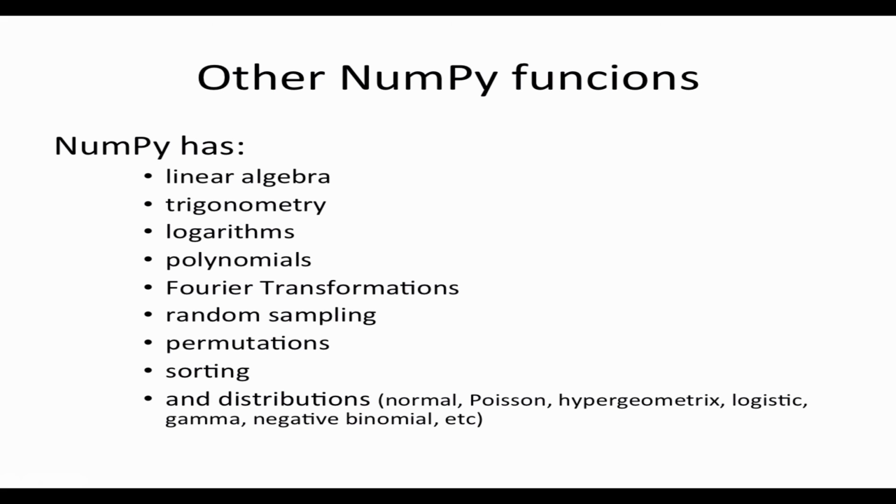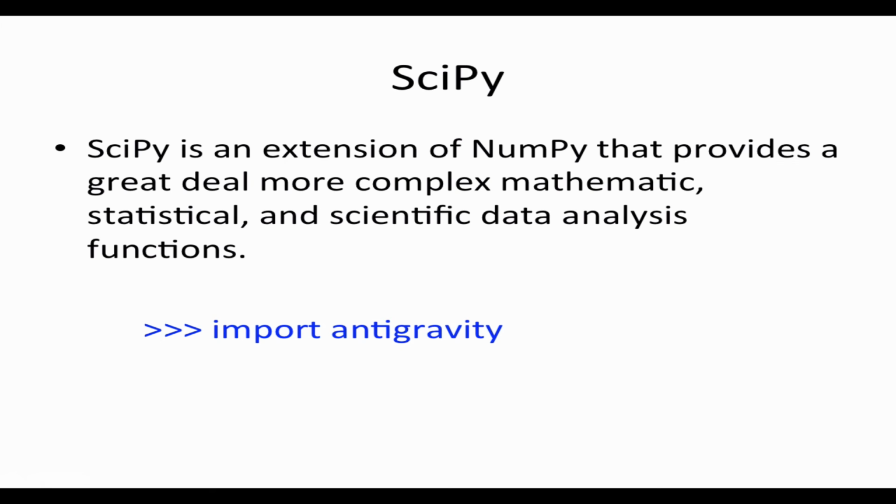This is just a heads up that if you want to do this sort of stuff, you'll call Python, and then you'll import NumPy, and then you'll have access to these additional data crunching tools. Right? It's a toolkit. All right, this is really just a heads up. SciPy is an extension of NumPy that provides more complex mathematics, statistical, and scientific data analysis functions.